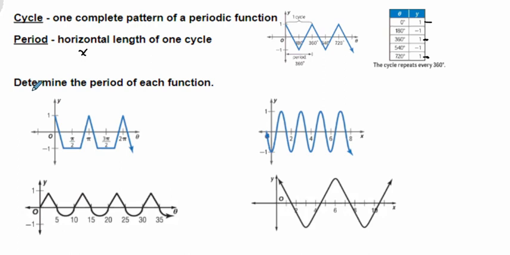So for these problems right here, it says determine the period of each function. So what we've got to do is figure out where this thing starts and stops before it repeats. Well, let's just start right from the y-axis. I think that's usually a good spot to figure it out. So if we're starting here, it goes down, goes flat, and then it goes up, and then it repeats again right here.